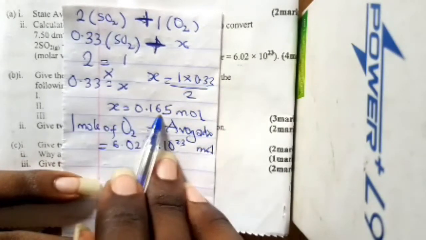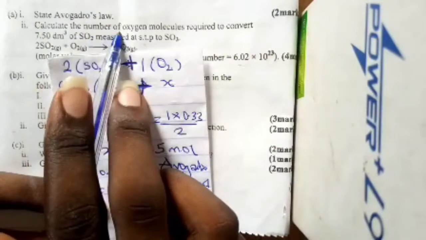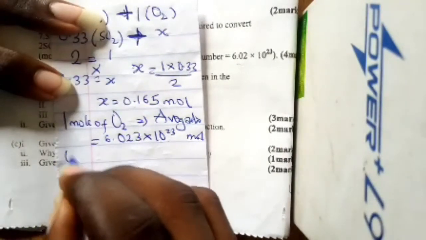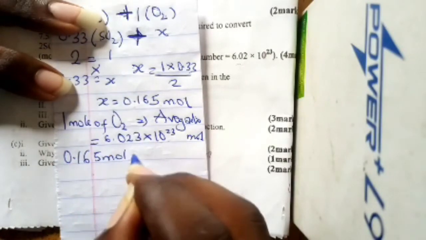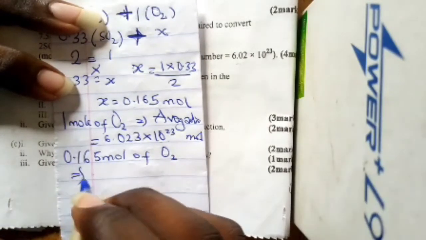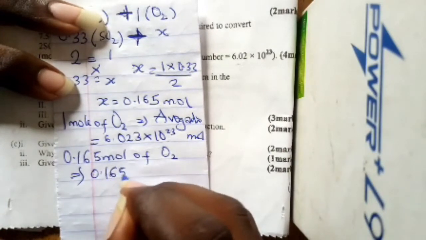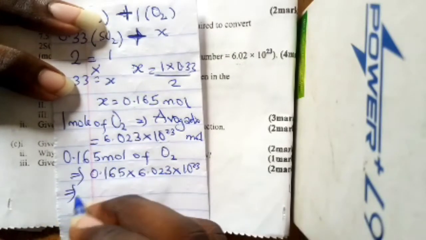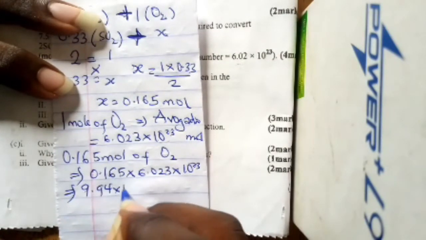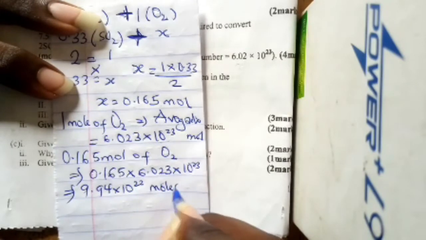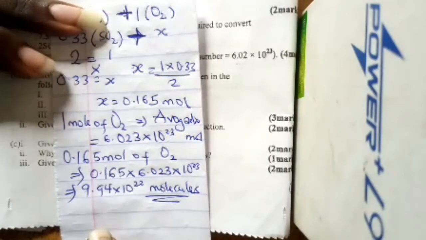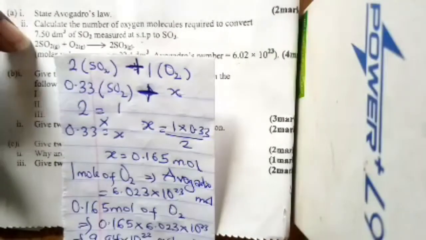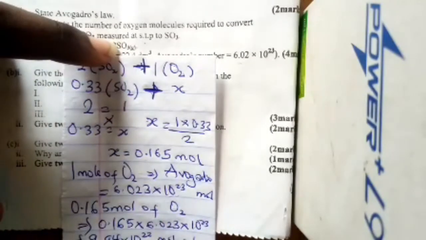So if we now have 0.165, we have to calculate the number of oxygen molecules required. So 0.165 mole of oxygen would give us 0.165 times 6.023 times 10 raised to the power 23. So we have 9.94 times 10 raised to the power 22 molecules. So this is the amount of oxygen molecules that will be required to react with SO2 gas to give us SO3 gas.